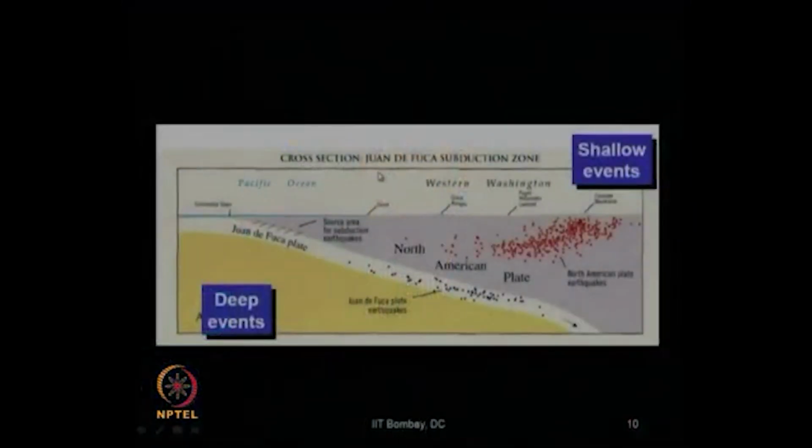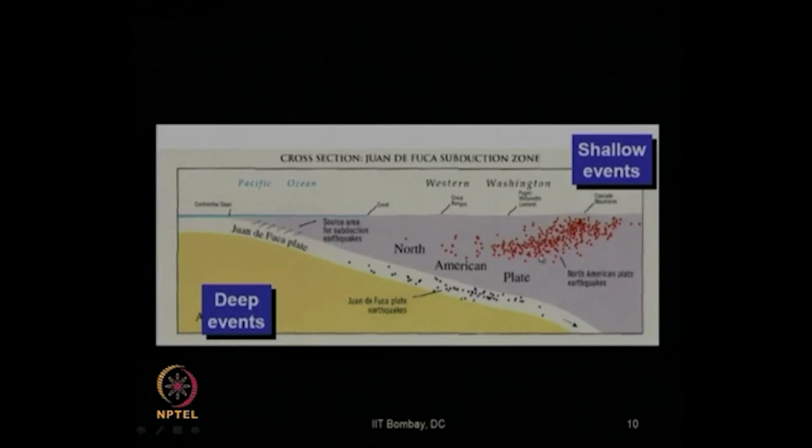So, this is a picture which shows the cross section of the Juan-de-Fuca subduction zone. You can see over here, this is the Juan-de-Fuca plate, and this is the North American plate, and this is the Pacific Ocean. You have the source area for subduction earthquakes, this is the portion.